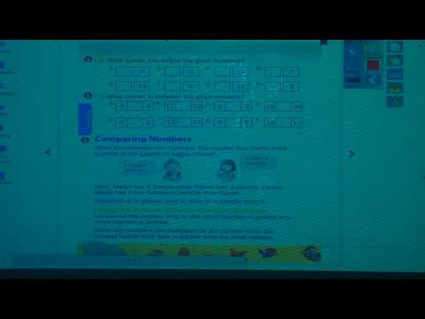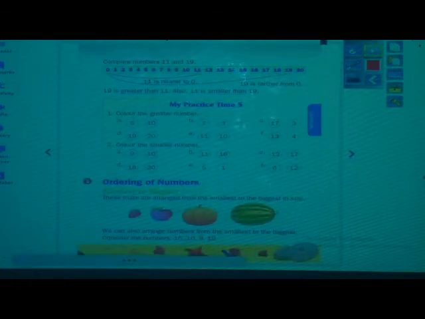Next, using the number strip to compare numbers. Let us see the number strip to see which number is greater and which number is smaller. When two numbers are compared on the number strip, the number further from 0 is greater than the other number. See, this is the number strip. Can you see those numbers 0 to 20? They have told you to compare 11 and 19.